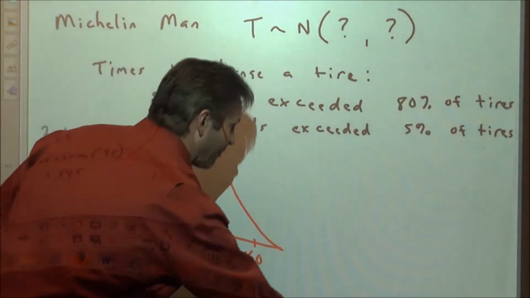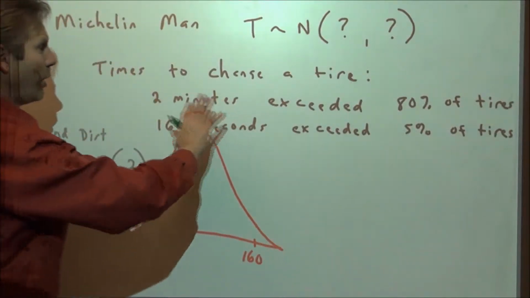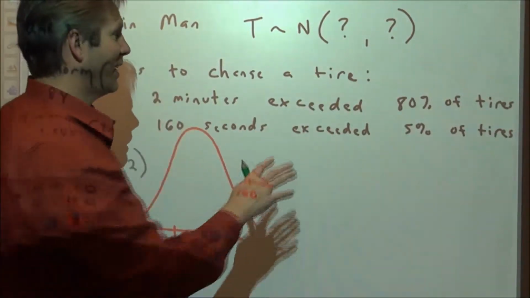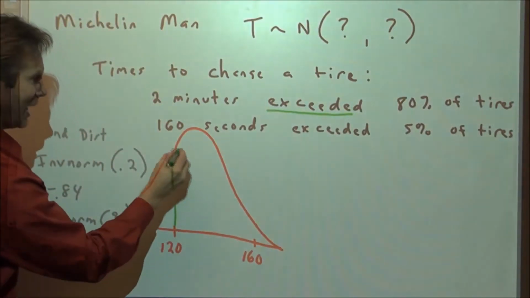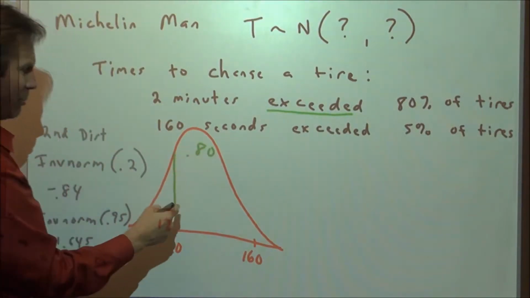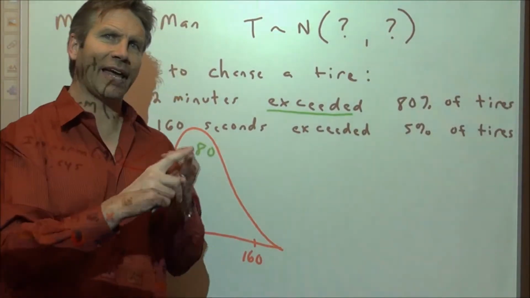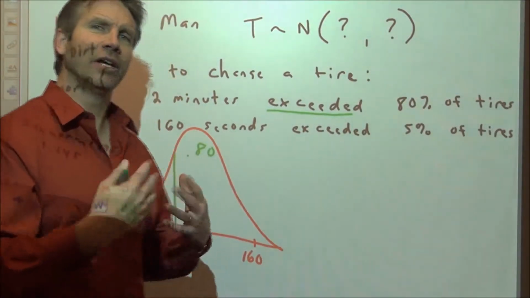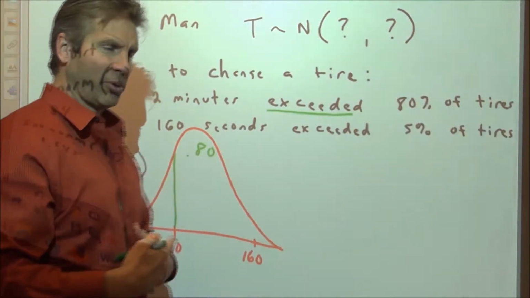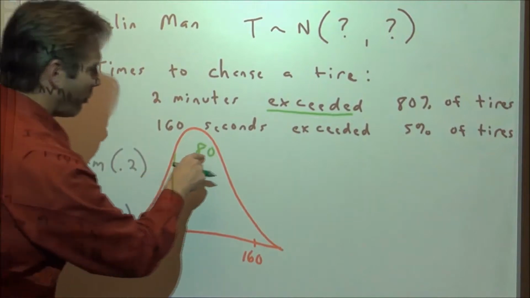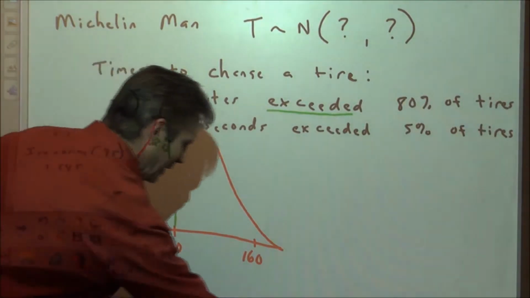First things first, you've got to draw a normal distribution so you can picture things. We know that 2 minutes, which is 120 seconds, is exceeded 80% of the time. That implies that there's 80% above this. But more important to us, because the inverse normal function and the z-table, the standardized normal table that you're given, has all the areas to the left of a particular z-score, is the 20% below.